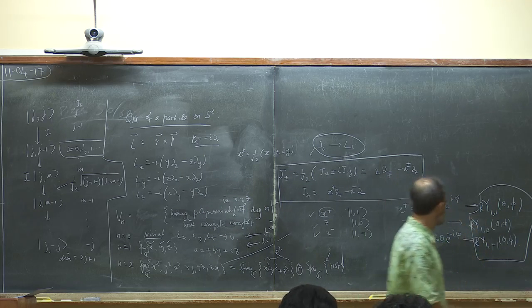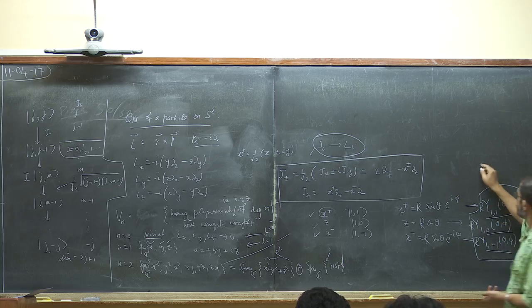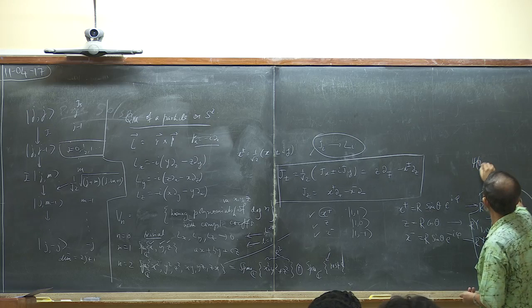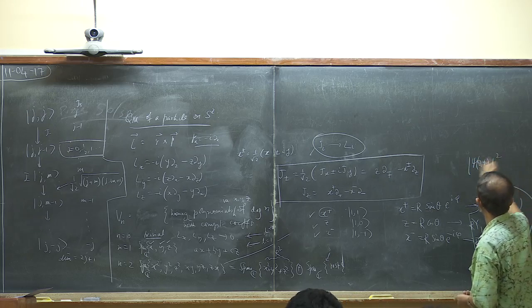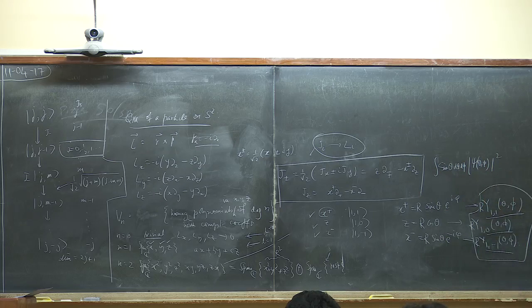Now, for a particle on a sphere, I can take these as my wave functions. These are some functions on the sphere, and I can even put some Hilbert space structure on this. I can take any one of these, psi of theta phi, mod squared, and multiply by the measure sine theta d theta d phi.